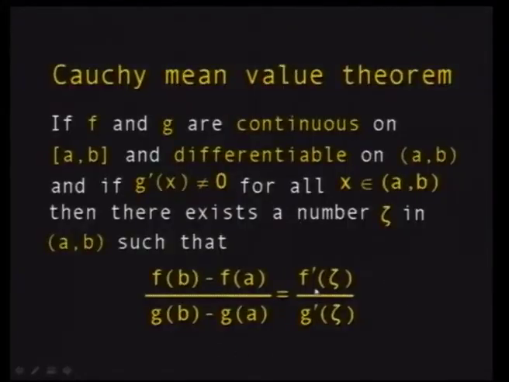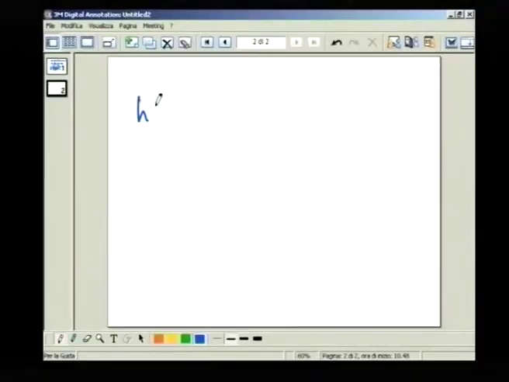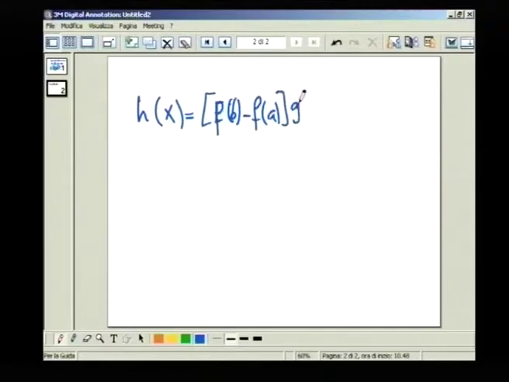But what Cauchy did, in fact, is use Rolle's theorem again, like the one he used before to prove the first mean value theorem. You have here (f(b) - f(a)) times g(x), and he subtracted from this (g(b) - g(a)) times f(x).